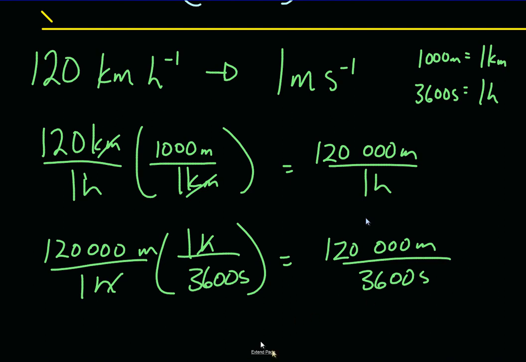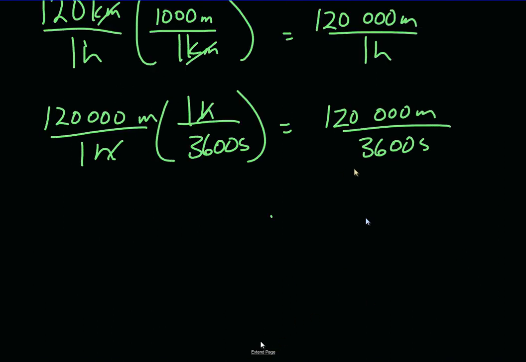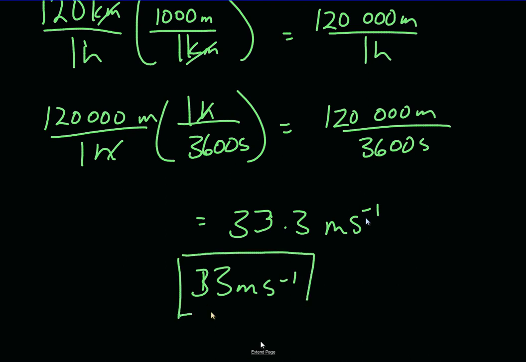It's just a matter of now reducing this fraction down to what we need. So 33.3 meters per second. If we want to obey sig fig rules, we can only have 2 significant digits here. Technically, really only 1, but that'd be a little silly since 1 hour is given. So we'd round it to 33 meters per second. That's a pretty good answer there.